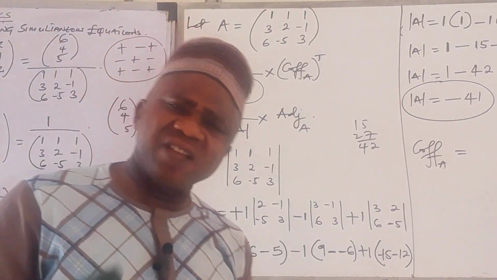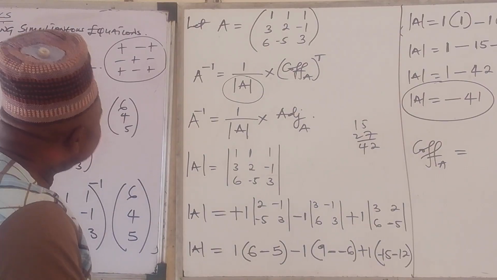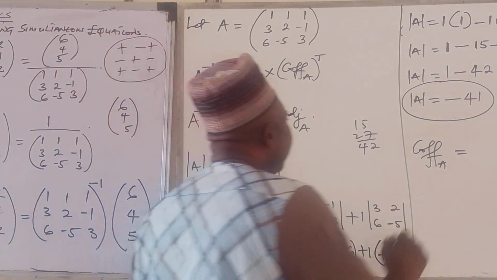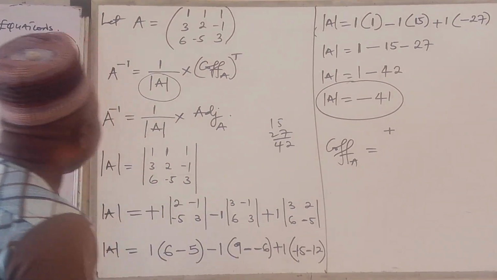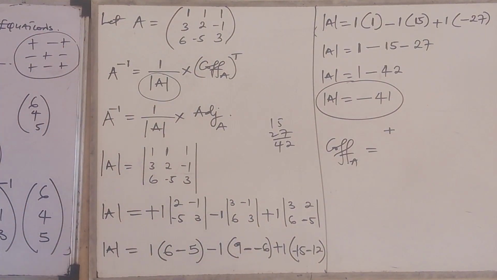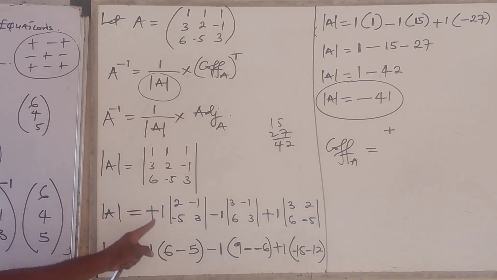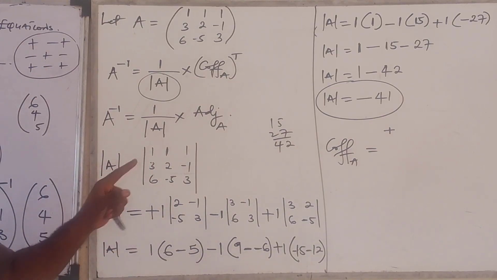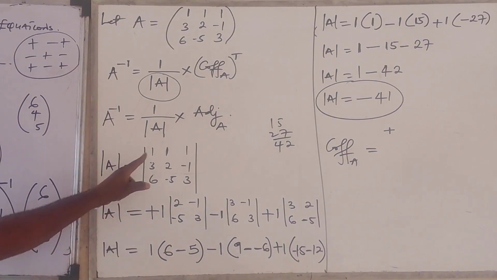So in this case, the first sign is plus. You are not bringing out any number like the case of determinant. Remember, when we pick plus there, we say it tallies with 1, and we brought that 1. But for cofactor, you are not bringing out any number. It's just to acknowledge that it actually tallies with 1.